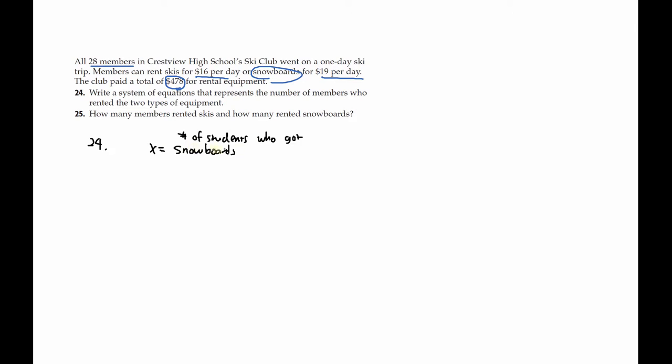Okay, you get the idea. For y, I'm going to say ski for x because they came first. So for y, it's the number of students who rented snowboards. Number of snowboards.